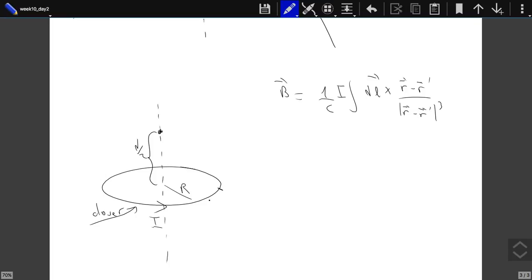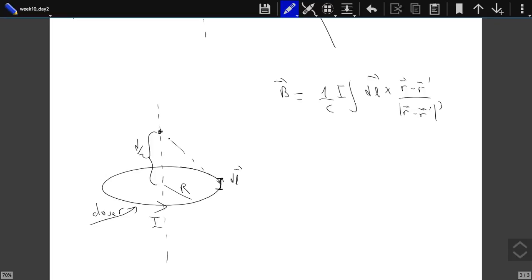Now let's look at a segment over here. dl is this vector. Or, to make it easier to see, let me take this segment. This is my dl. That dl is into the screen, actually. If you just look at it from the side, it's into the screen.